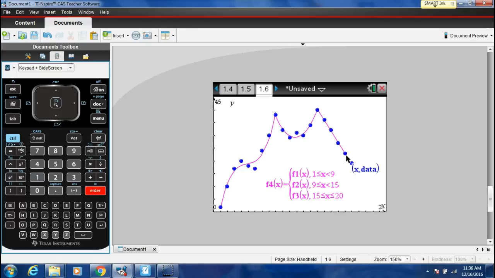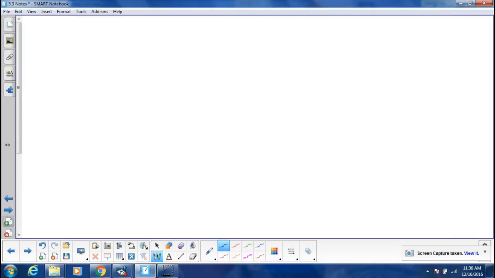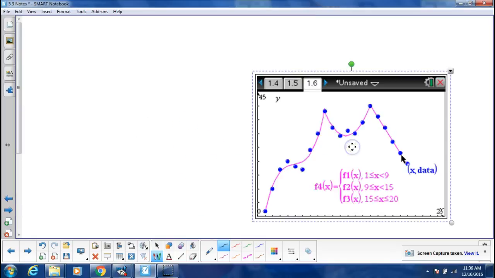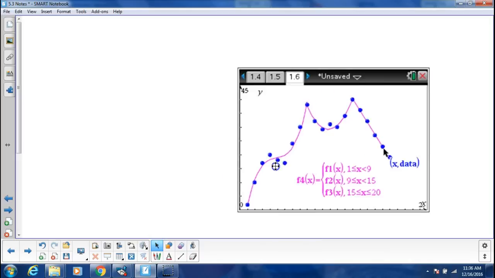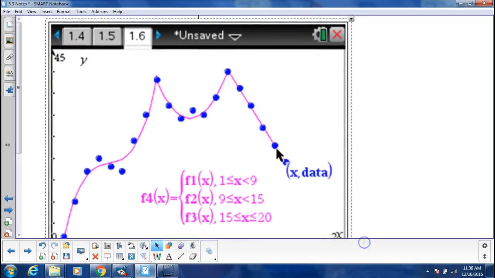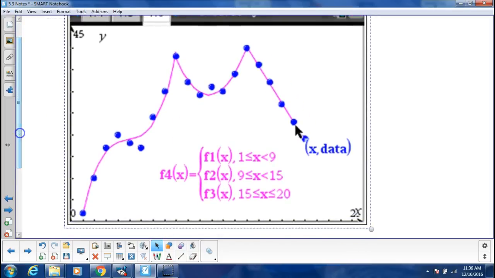Okay. Now, let's play around with that for a little bit here. So, what can you tell me about how my piecewise function fits my data?